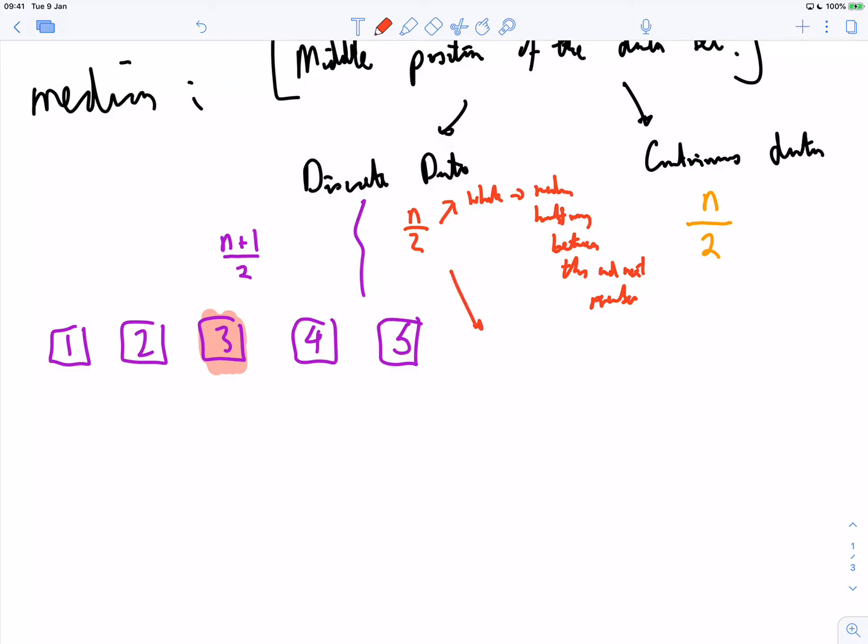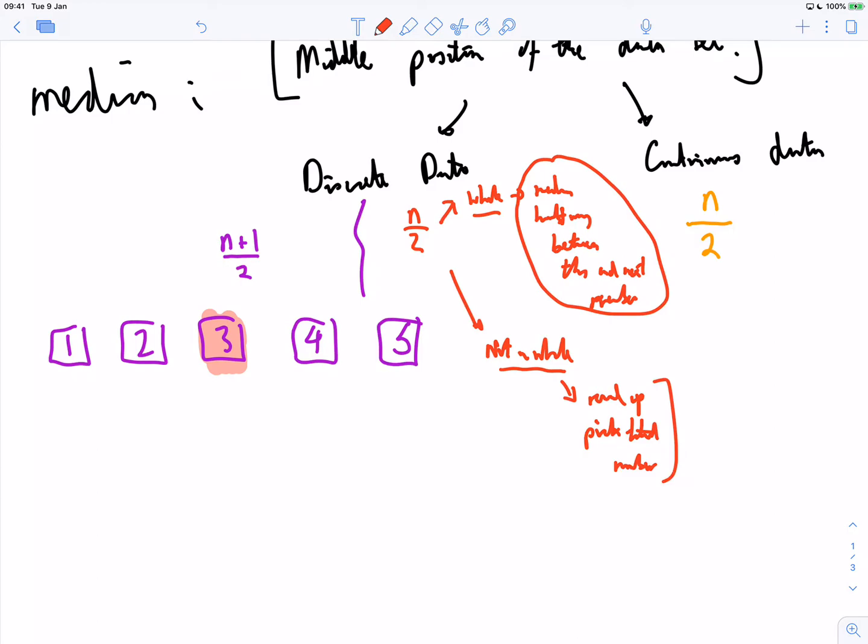And if it's not a whole number, then they're saying automatically round up and then pick that number, which just seems like extra steps.